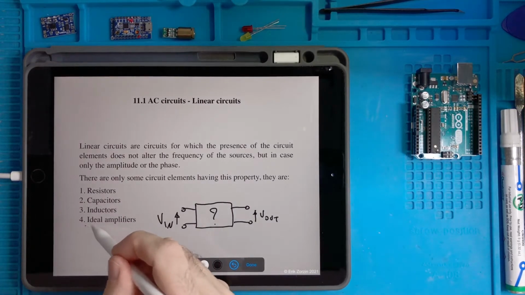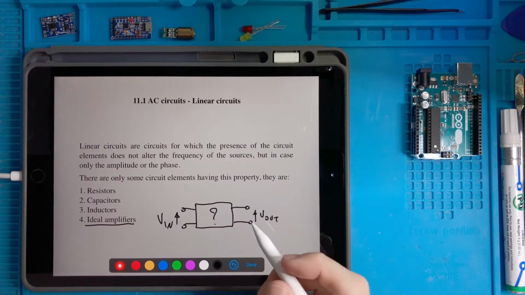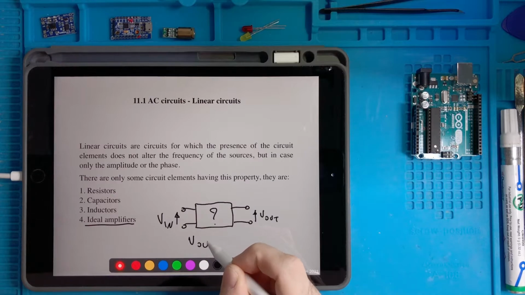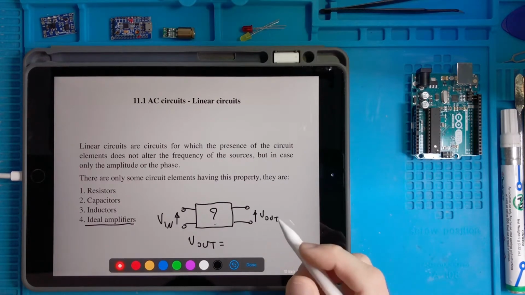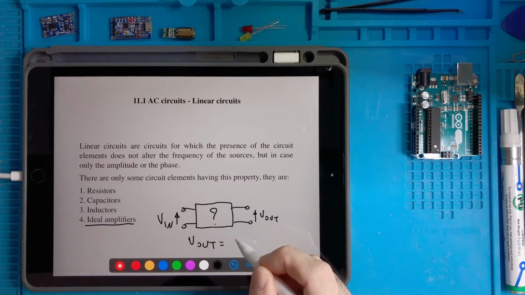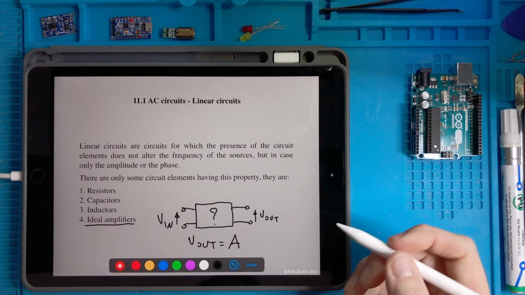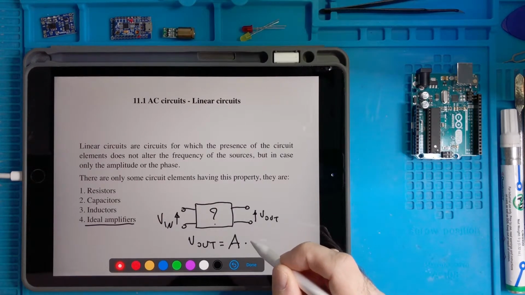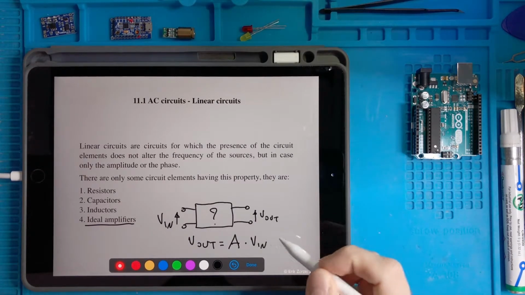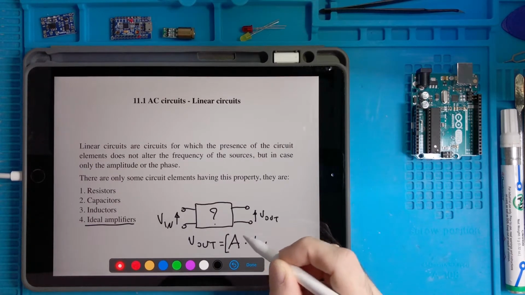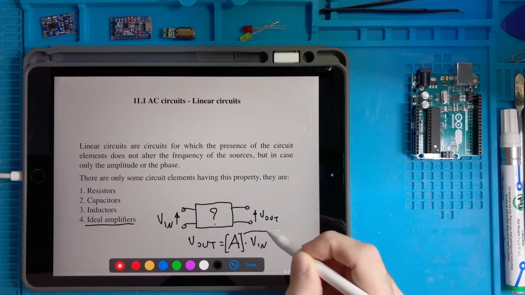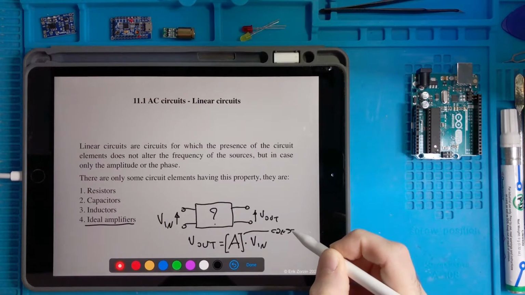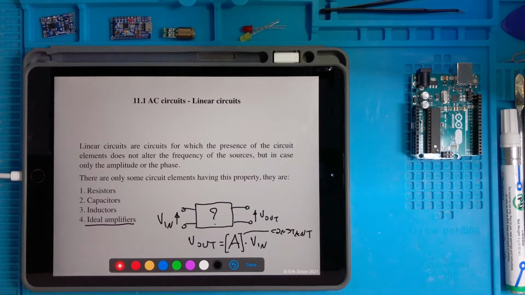And an ideal amplifier is something that makes V output equal a certain coefficient, let's call it A, sometimes called also G, which stands for gain, multiplied by the input, where A is constant. So this thing is called an ideal amplifier.